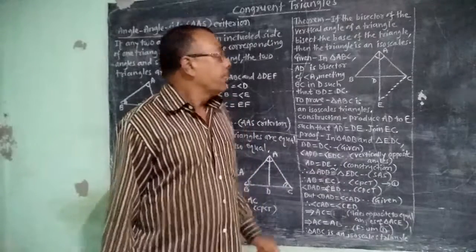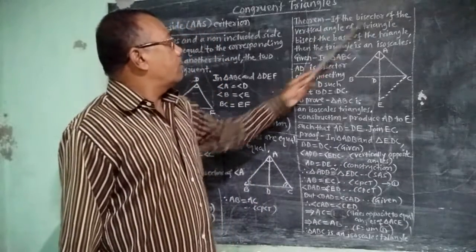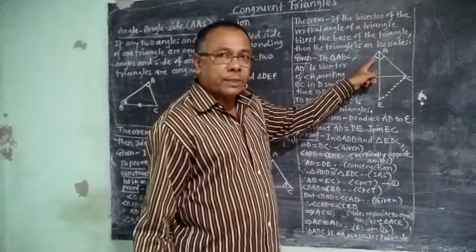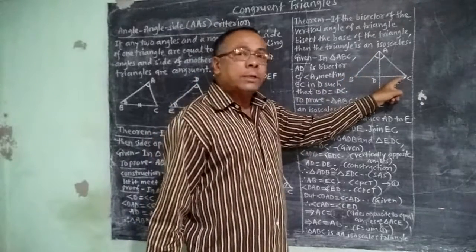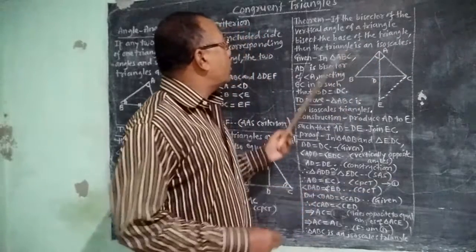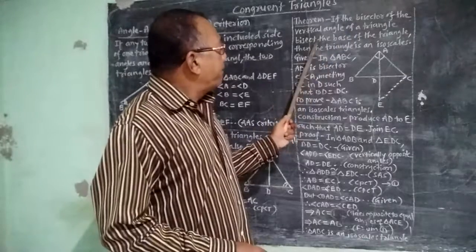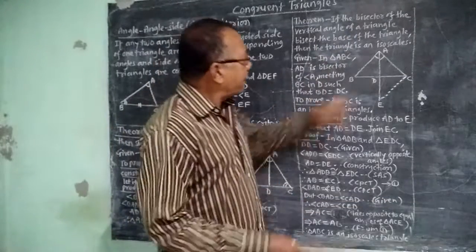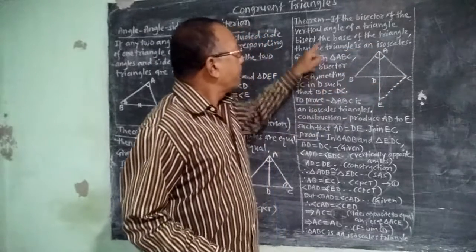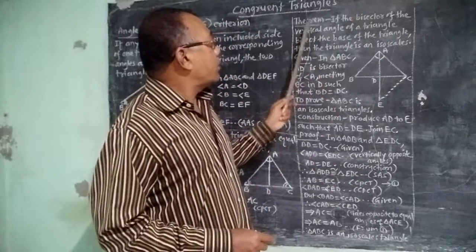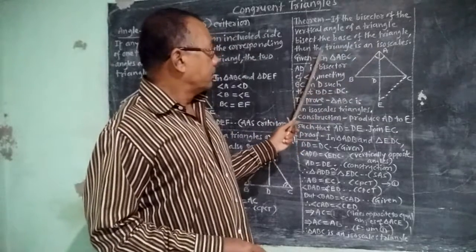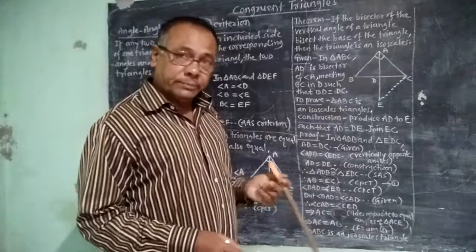Now here we have to see one more theorem. There is a second theorem, that is, if the bisector of the vertical angle, here ABC is a triangle and its vertical angle is A, if the bisector of the vertical angle of a triangle bisects the base, meaning the side opposite to angle A is BC, so its base is BC, then the triangle is an isosceles triangle.